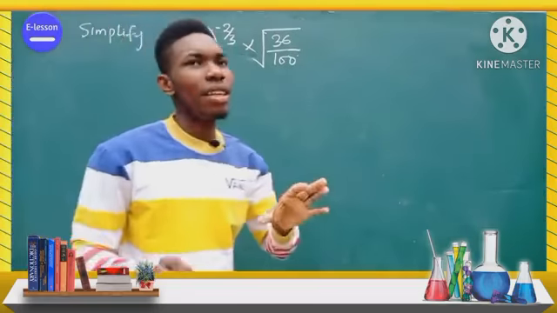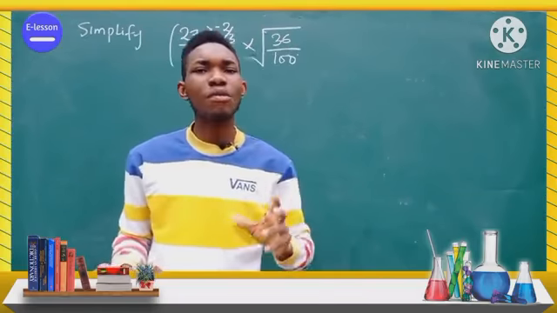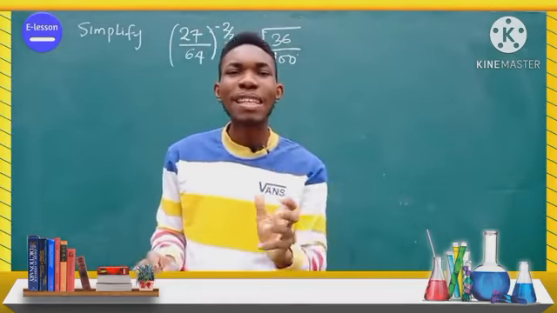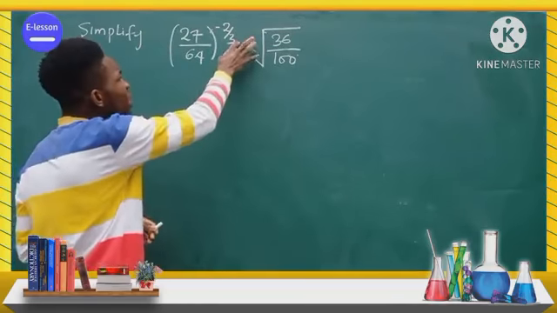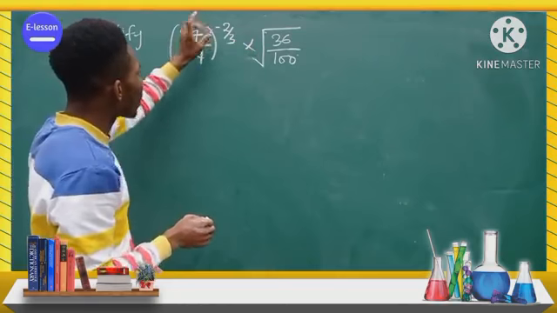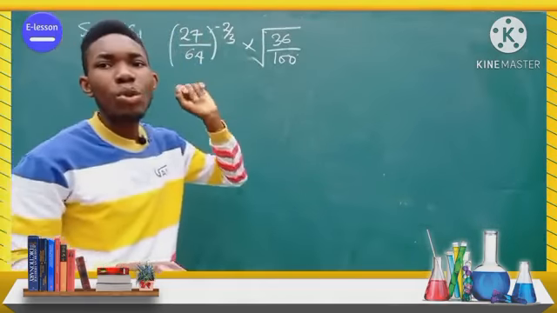This is indices. Now, in indices, what you do is to put all the values given to you in the index form so that they will easily cancel out. While you are writing the index form of this, the index form must correspond to what is at the denominator here so that they can cancel out.